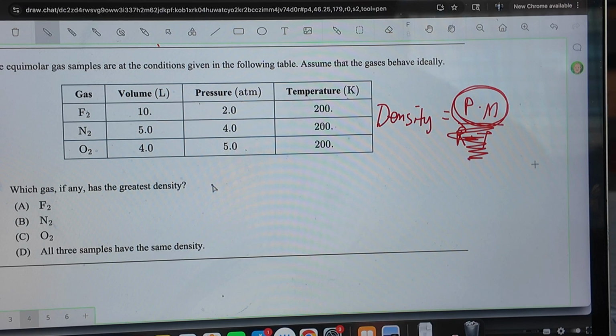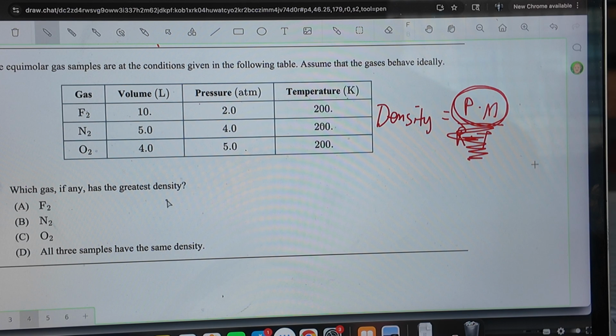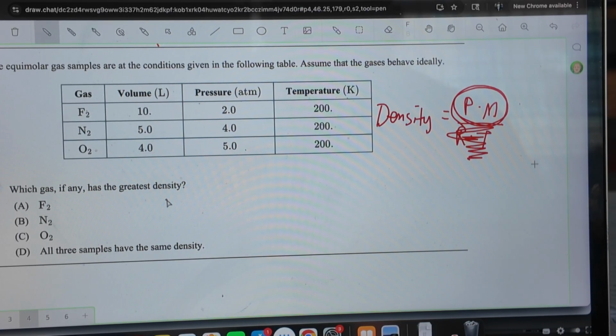And molarity is just how much you have divided by the total liters.